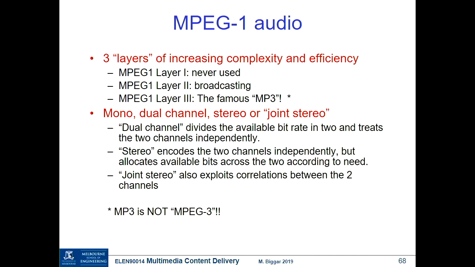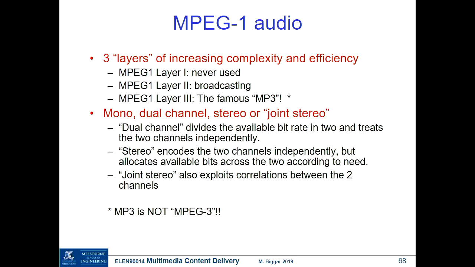And they defined their coder as 3 layers of complexity and efficiency. I'm just thinking off the top of my head, you could almost see this as being analogous to the profiles and levels type of thing. It was trading off the complexity for the performance. So there were 3 layers defined, not layers in the sense of scalable coding where you can build on top of one another, but more in terms of increasing complexity.